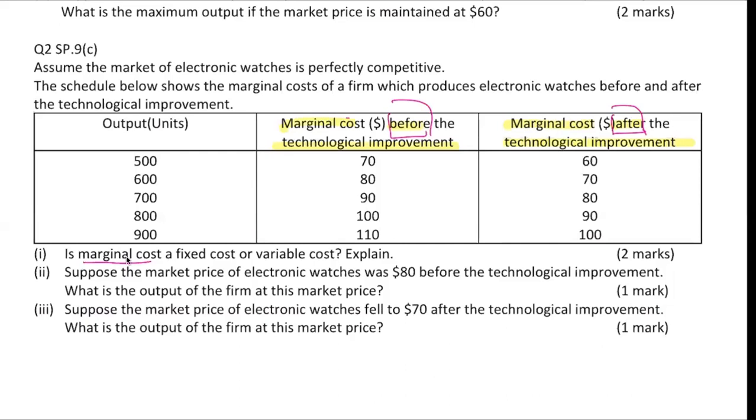That means it asks you whether these numbers are variable or fixed. Variable. Yeah, that's variable. Okay, but it's not enough to get the full marks because it's 2 marks. So you have to mention that the cost changed when the output changed. That means the definition of variable cost. Okay, then we go to Patrick.